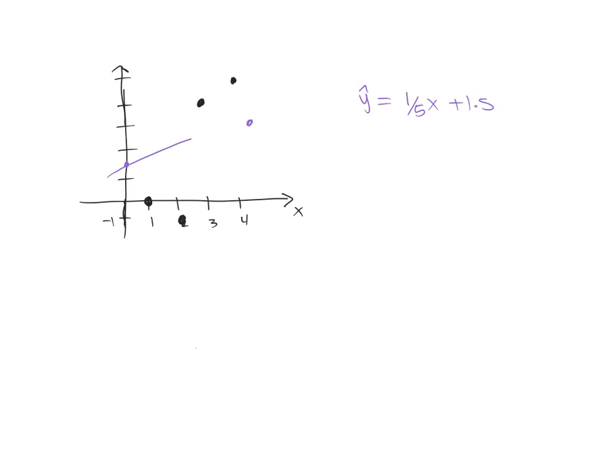So it ends up looking something like this, which I guess at first glance doesn't look super great, but it has to balance out all these points. And really this point right there kind of pulls it down a bit because that point is lower than the point to the left of it. So that's how you find a regression line. And mostly it's just going to be done with software because it is really, really tedious, as you just saw.